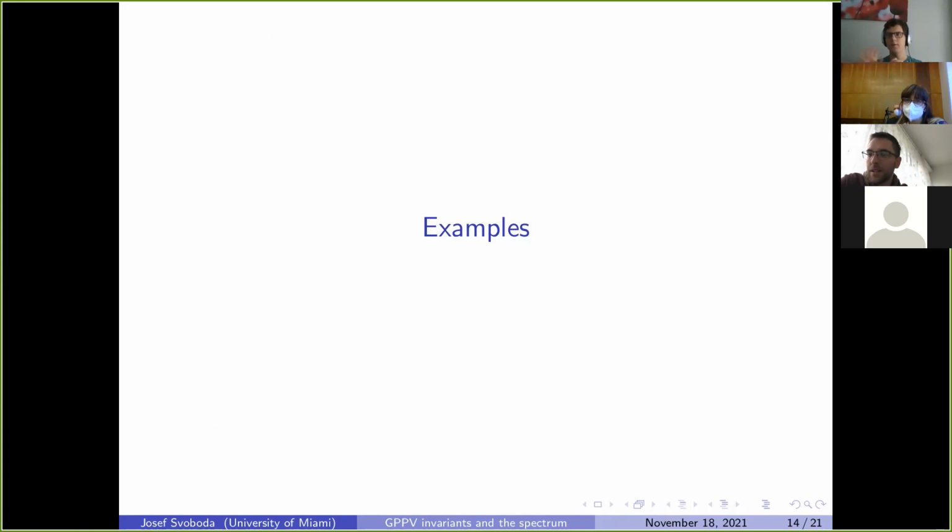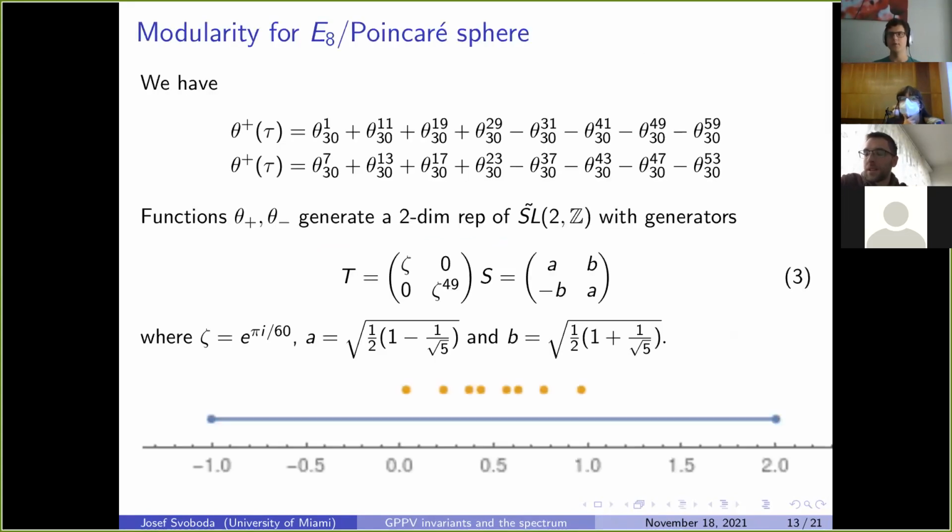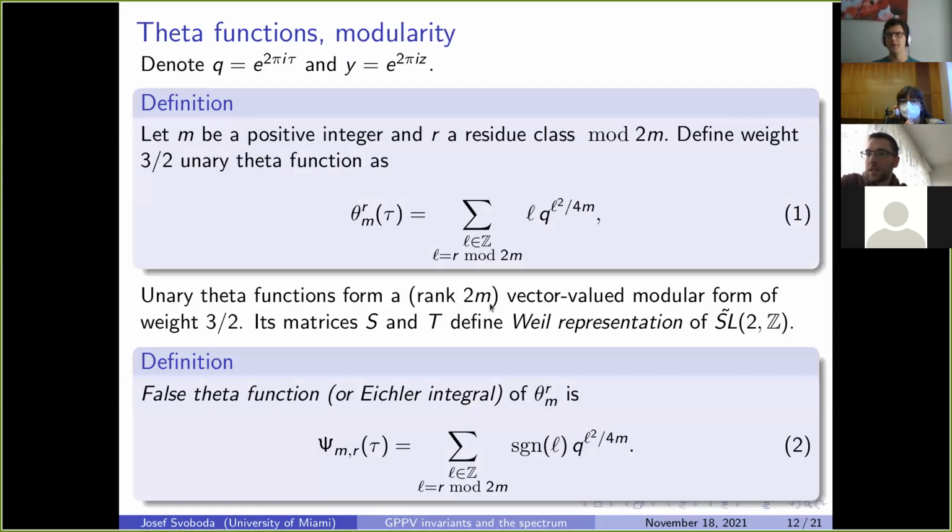If you take partition functions for these 3D theories, you can get these invariants. So there is a lot of physics hidden in these stories.